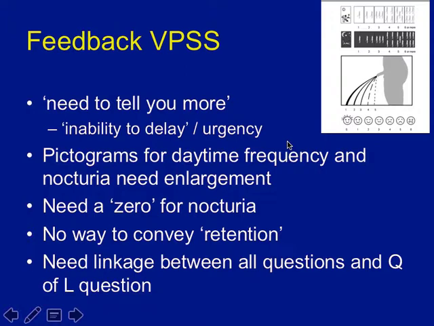So what we found out from the patients is that the VPSS, they liked the overall score, but they want to tell us specifically more about urgency. There's no question there that deals with urgency of urination, and that the pictograms in the top need physical enlargement. It was hard to see them.